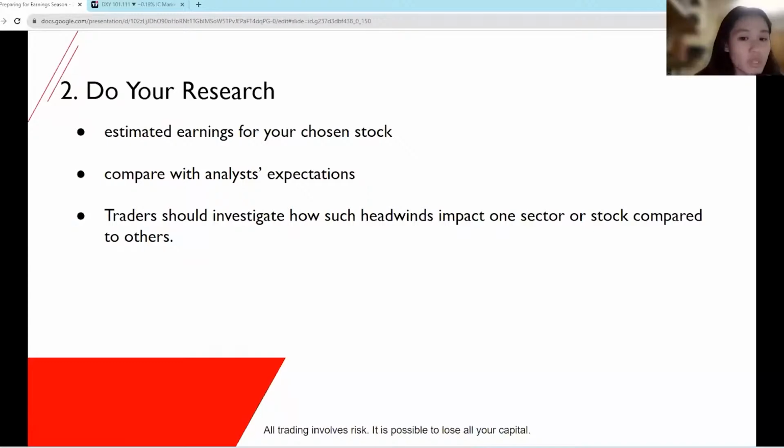One such headwind would be our recent coronavirus, or perhaps geopolitical tension in specific areas. These can combine to form a wave of worries across all sectors or specific sectors, if the impact is big enough. So traders should investigate how such headwinds impact one sector or stock compared to the others.